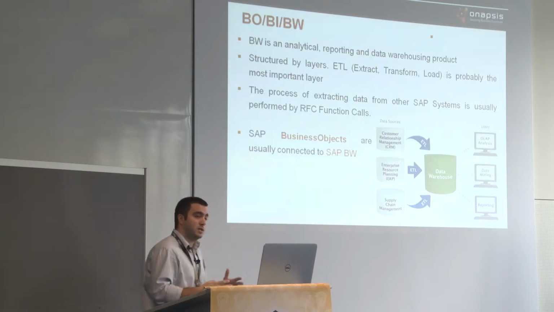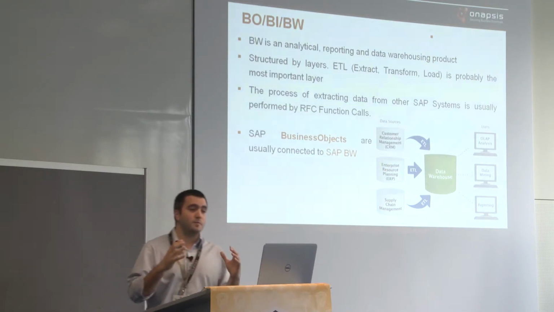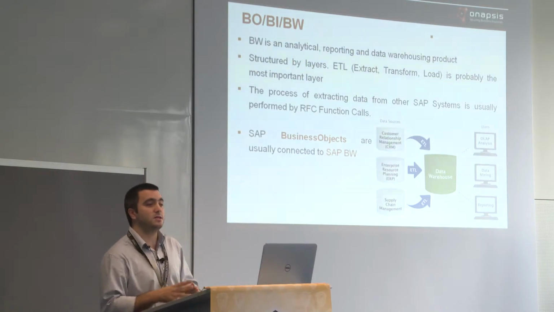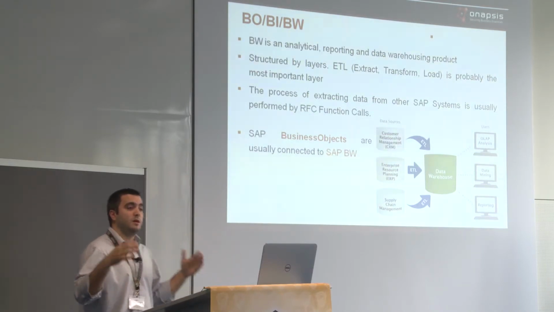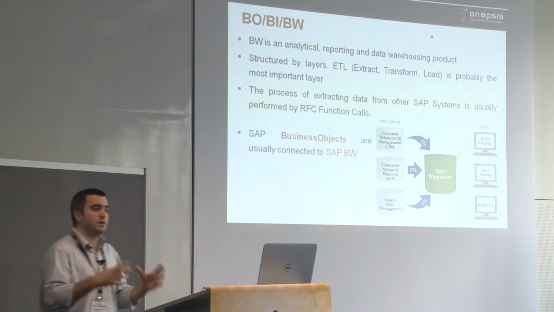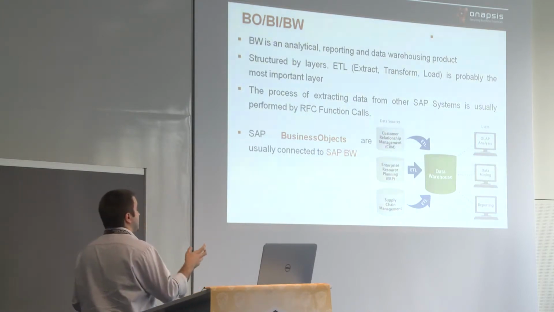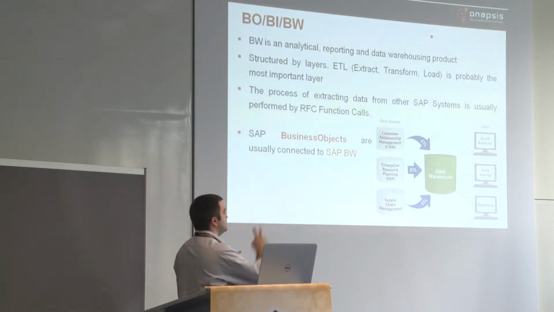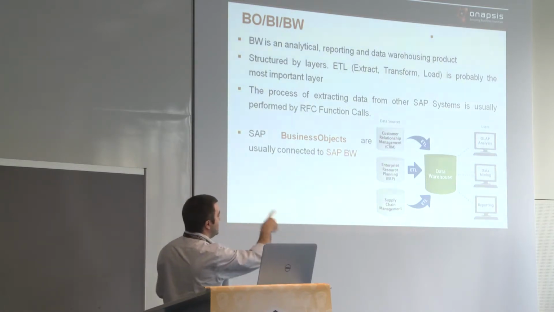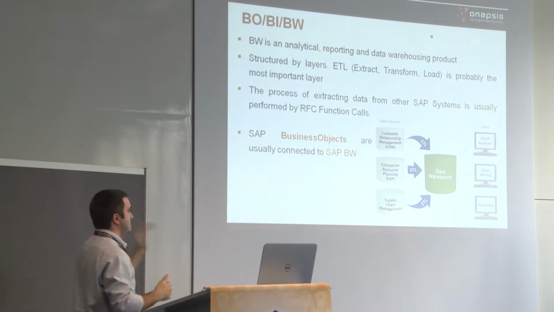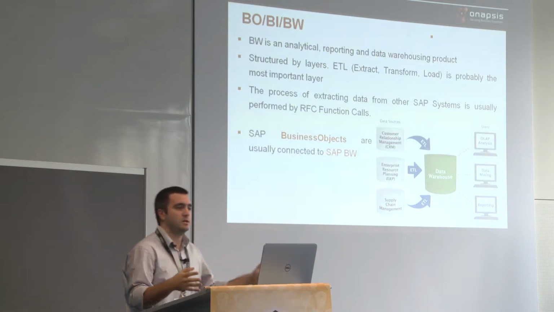It's because usually that's the most common scenario. A business object is not directly connected to the business suite, but to the business suite through a business warehouse system. The extraction from the business suite to a business warehouse is through ETL. That's a very technical concept. In the background it's RFC calls.